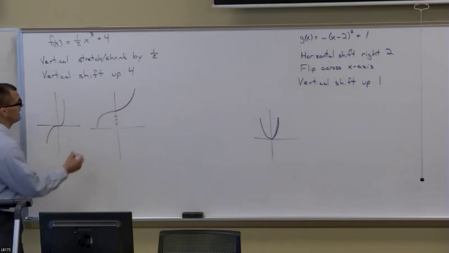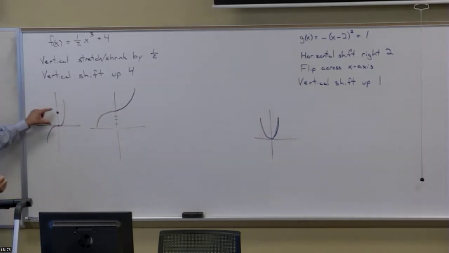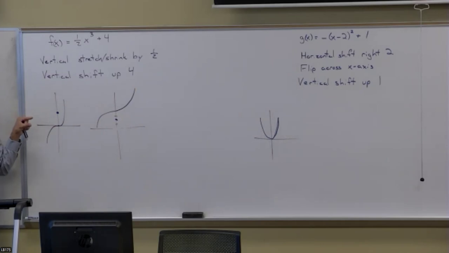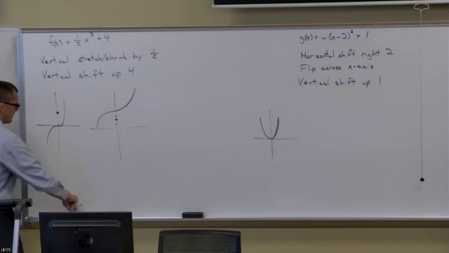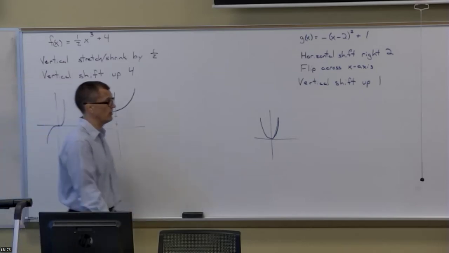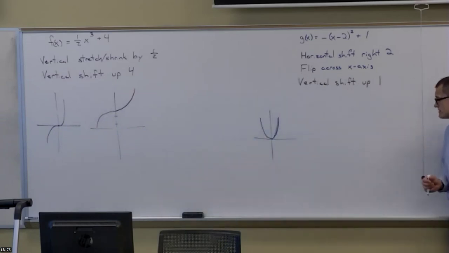This original point would have gone up there, and then I would have to shrink that by a factor, and I would not be at the same place. So order of operations also takes precedence when we are doing these shifts.